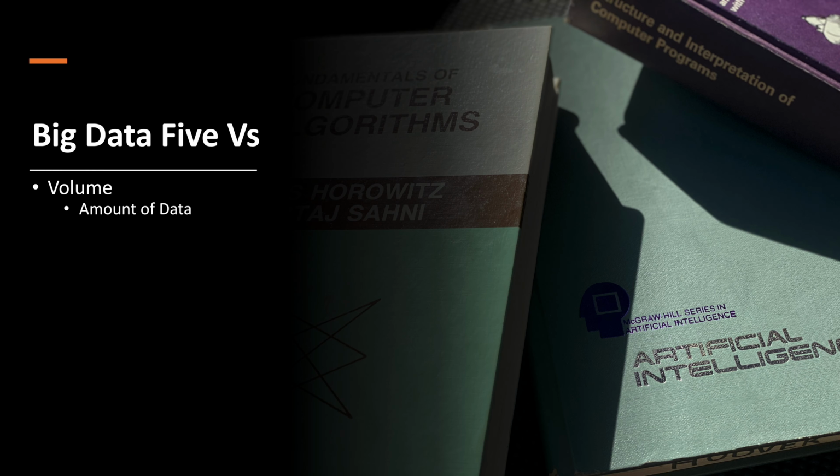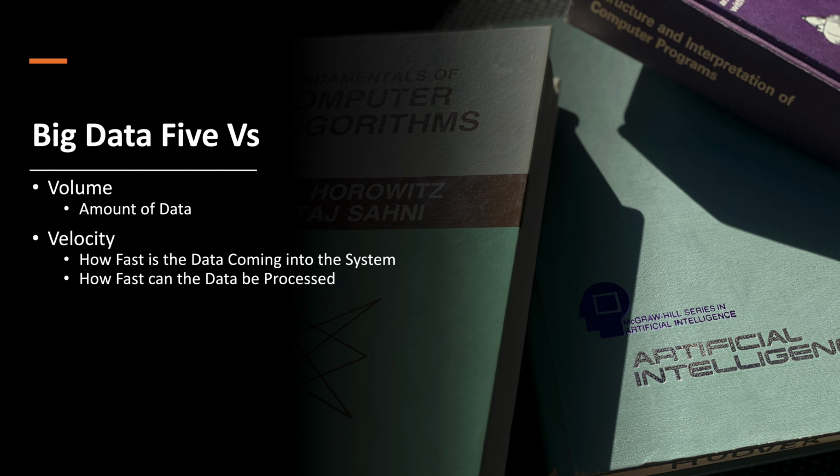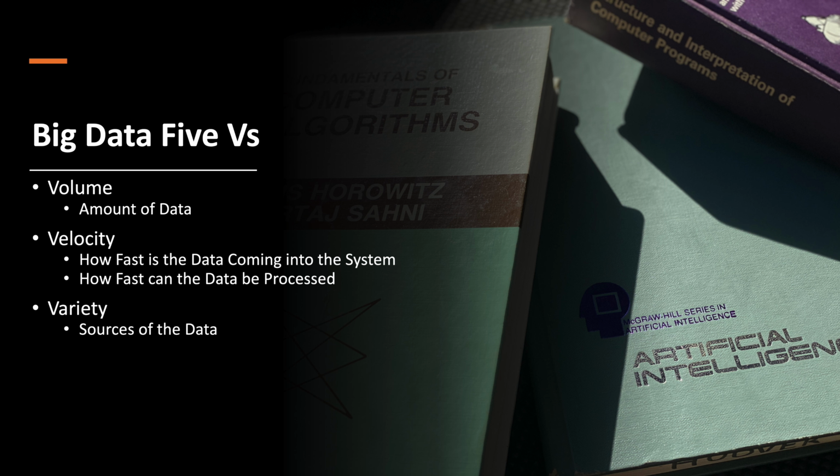When we talk about big data specifically, we refer to it as the 5 V's. The volume of the data, how much data are we actually receiving? The velocity, how fast is that data coming into our system, and how fast can that data be processed? We also consider the variety of the data, the sources.